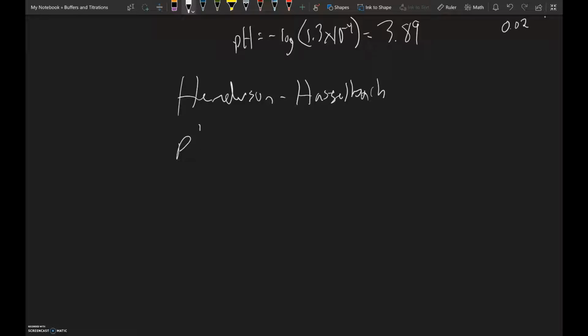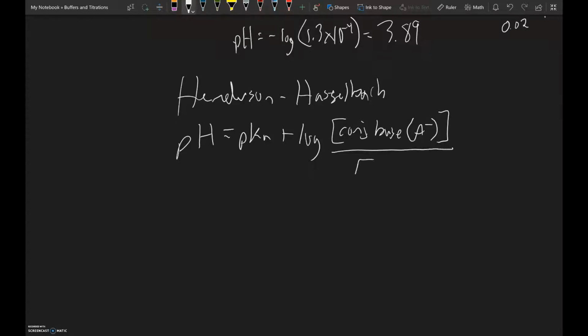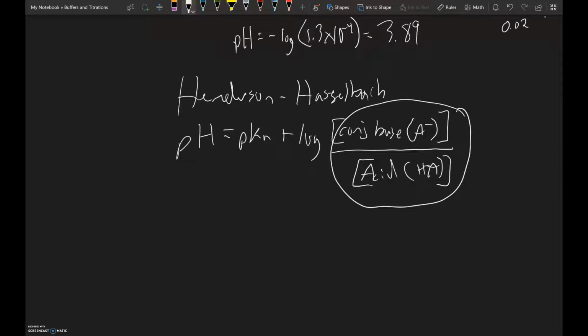And this point is pH is equal to pKa plus the log of the conjugate base, which we're going to call A minus, divided by the acid, which we're going to call HA. And so as long as you have this ratio, as we were talking about earlier, you're going to have a buffered solution.